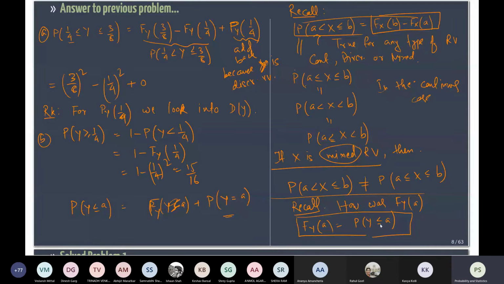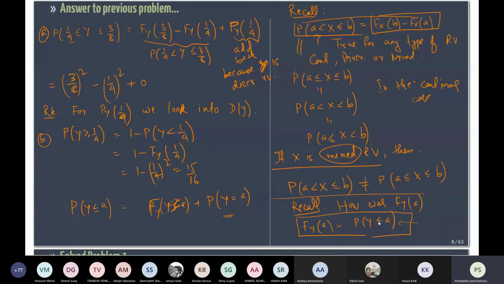So to get the non-equality part, I have to subtract here. Here what we have is less. So we have to actually subtract back. I hope you see this. So this is not really Fy, this is Fy less than a.